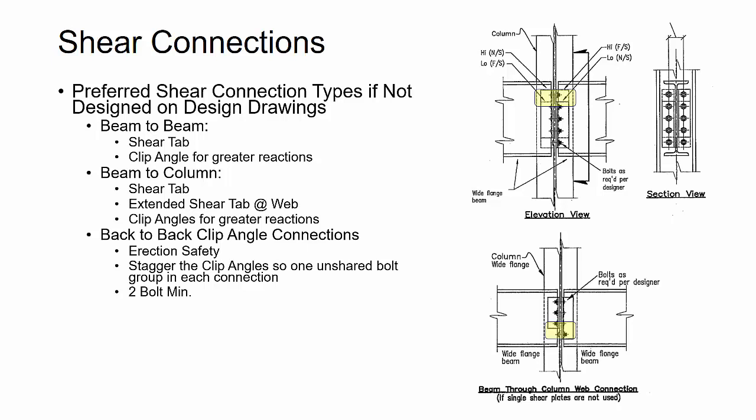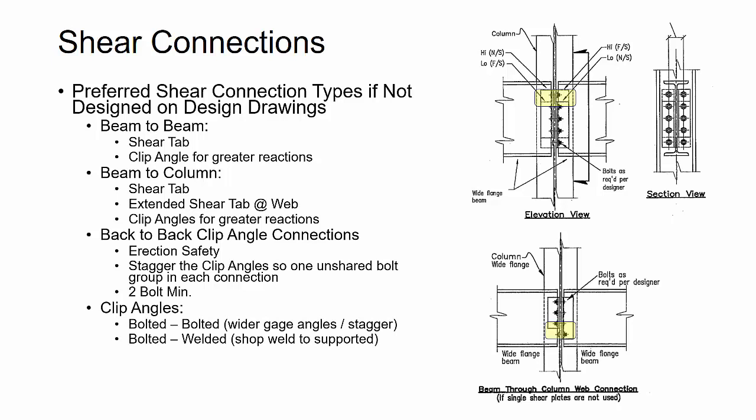Based on OSHA standards, if you have two beams that are the same depth and have the same number of rows of bolts, you have to try to offset the clips or add an extra row of bolts on one of them, so that one beam on one side can be fully erected without having to share the bolts with the other side. So if you ever see any back-to-back connections where you have to do clip angles, you're going to want to look at the detailing standard and ask the fabricator how they like to handle safety connections.